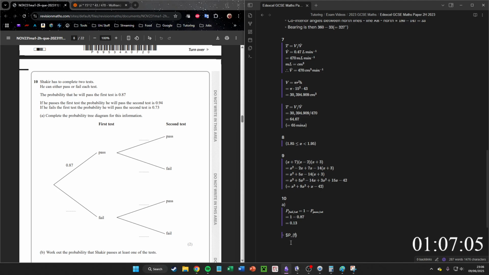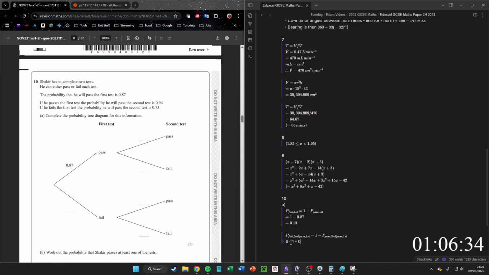And then we need to look at the probability that he will fail the second, given that, which is denoted by this vertical line in probability, he passes the first. That is going to be equal to 1 minus the probability that he passes the second, given that he passes the first.